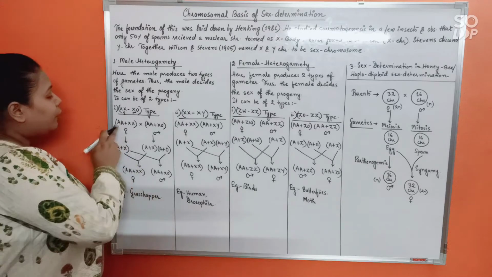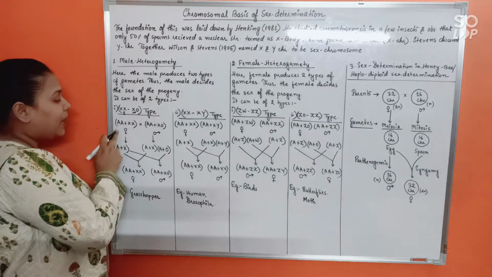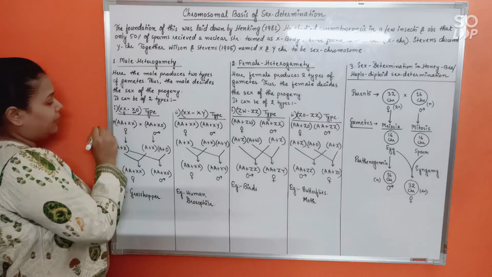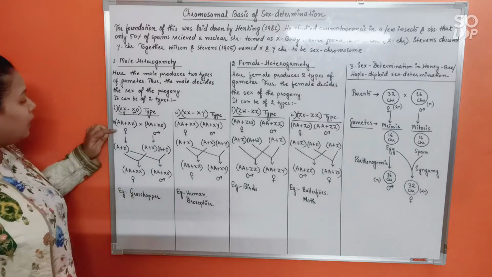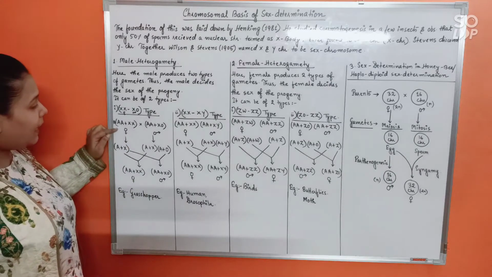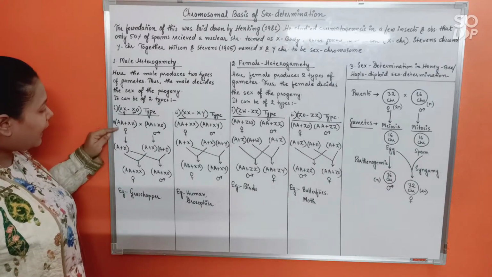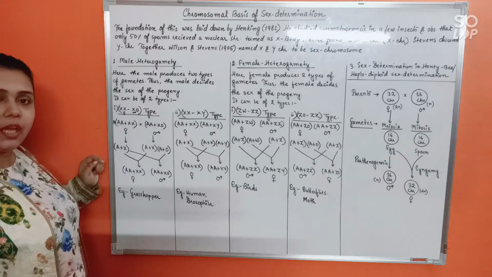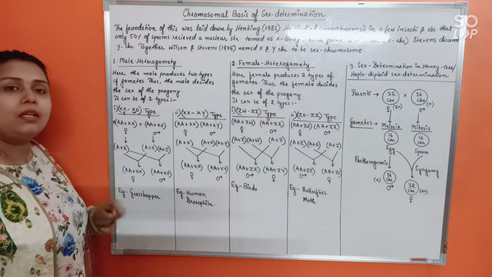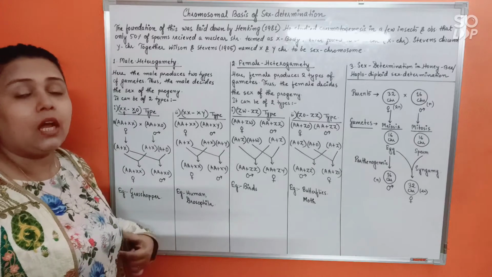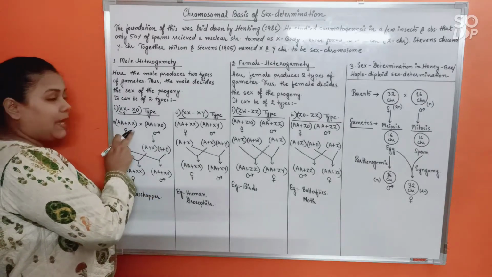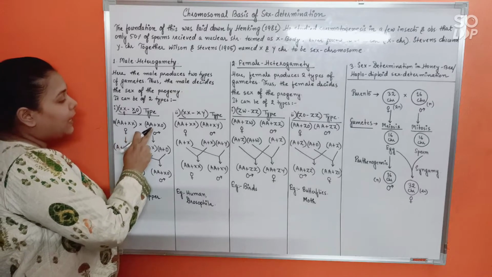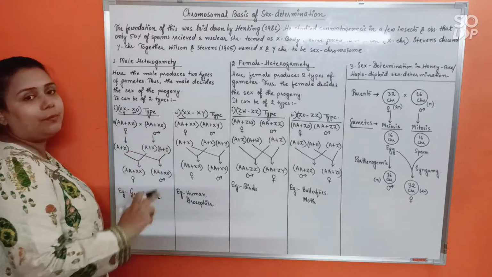If we write the genotype of the parents, the mother's genotype will be AA plus XX. Here AA means autosomes. Apart from the sex chromosomes, the mother also has autosomes, which also remain in pair. So AA plus XX for the female, AA plus XO for the male.